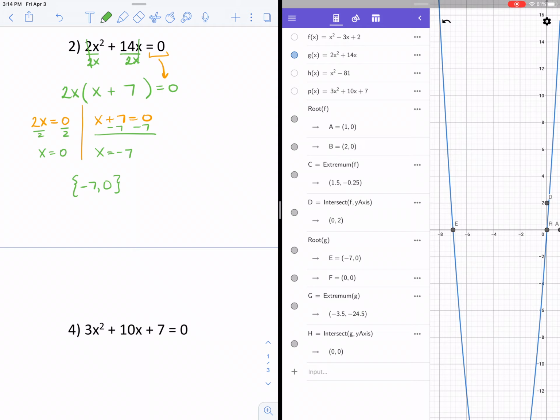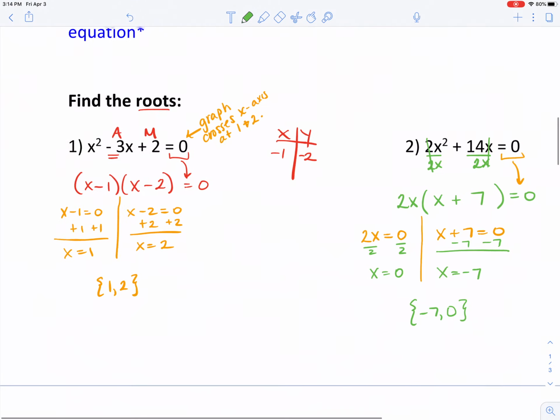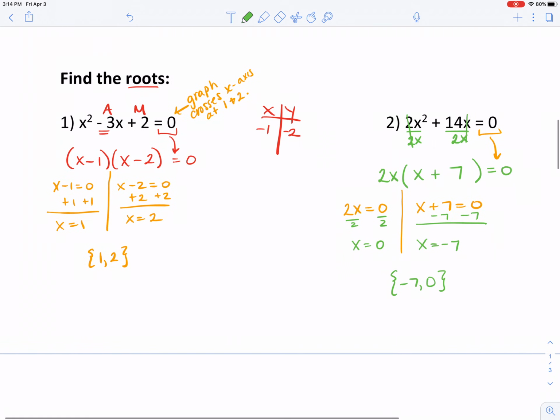If you look down where it says roots, it says negative 7, 0, and 0, 0. So those x values, negative 7 and 0, are your solutions. You could do that for all of them. I'm not going to keep showing you guys that. That's more really the next topic we're going to do after this week. So for now, you really just have to be able to solve algebraically and get your solution set.